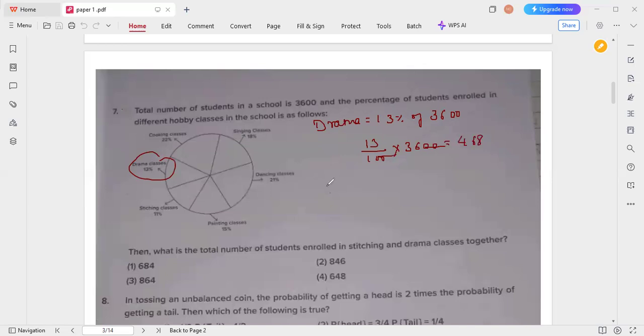Next is stitching, which is 11%. 11% of 3600, the same thing, 11/100 × 3600, that is 396. When we add these two, 468 and 396, we get 864. So option 3 is the correct answer for this question.